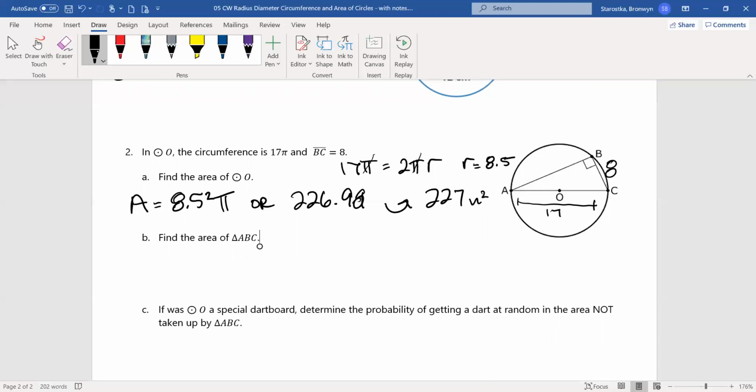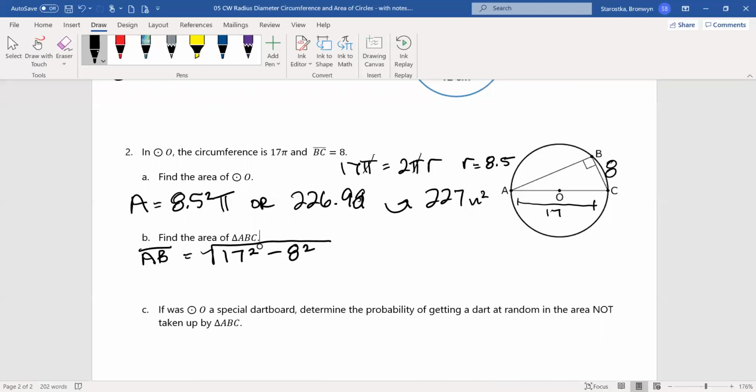And in order to find the area of the triangle, I need its altitude, which means I need length AB. So AB equals the square root of 17 squared minus 8 squared.